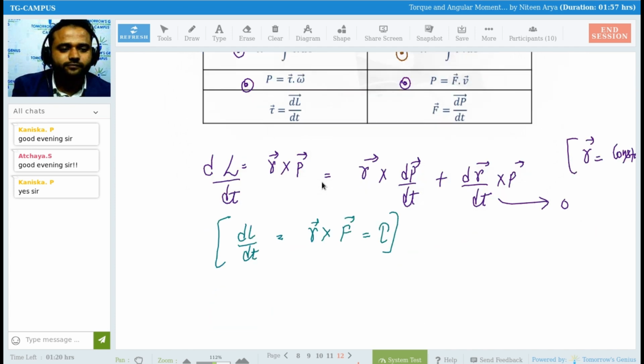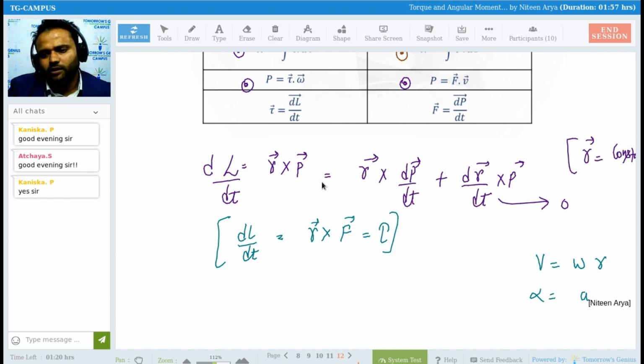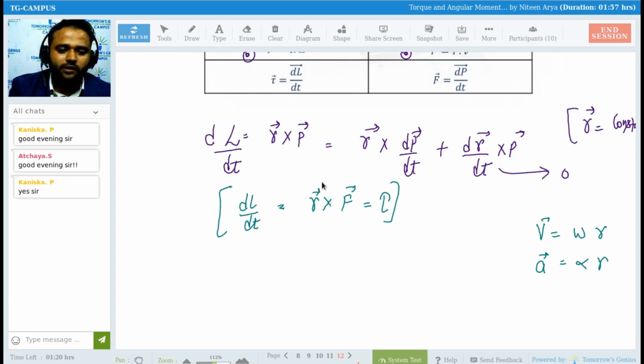Clear, everyone? And as we know, v equals omega r. In the same sense, we have a equals alpha into r. Linear acceleration equals alpha into r. So alpha here is going to be acceleration by r.